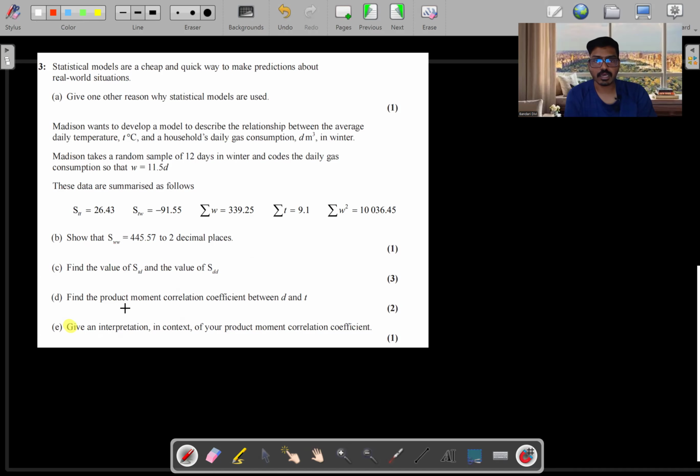We already got our answer for R in part D. What is our answer for part D? Minus 0.849, right? So we have to use this value to interpret in context of your product moment correlation. From the statistics chapter, if you're learning, you will get the data, which is what our data is.